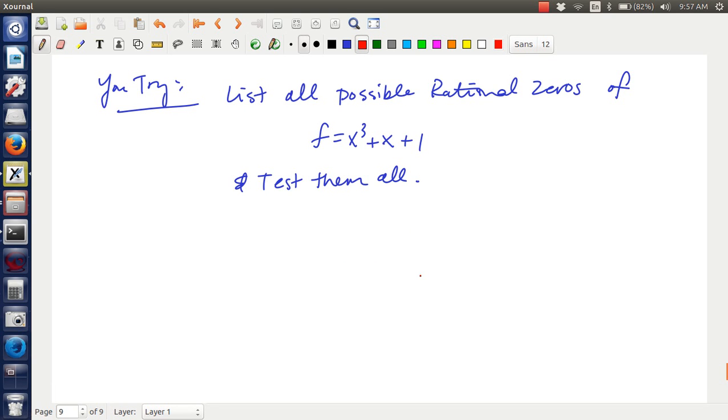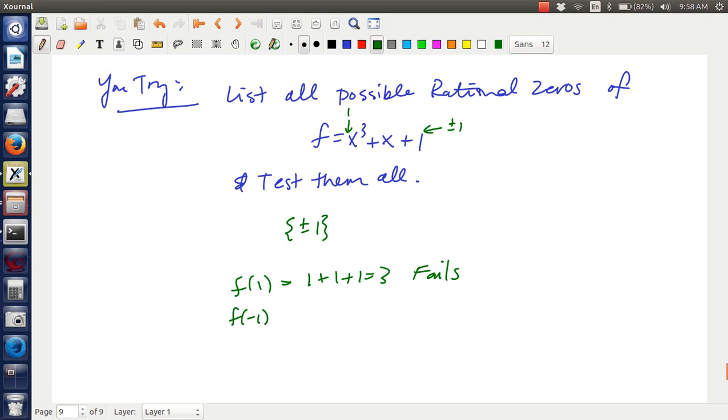Okay, so what you want to do is all the roots on this guy is just plus and minus 1, and then the coefficients on that guy are just 1. So this is just really easy. It's just plus 1, minus 1. So f of 1 is 1 plus 1 plus 1, which is 3, so it fails. So there's no root there.